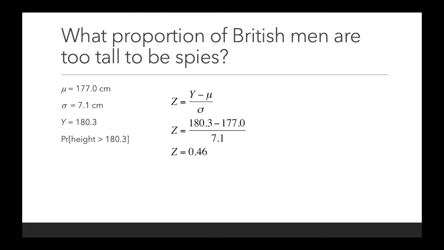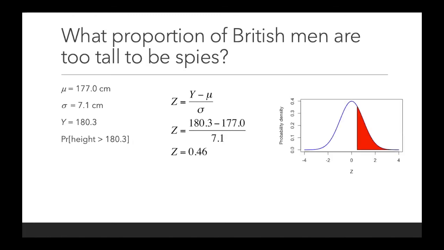We can then compare this z-score to our standard normal distribution of z-scores to see where in the distribution this value of 0.46 falls. And we can see that a good proportion of the distribution falls to the right of this value.